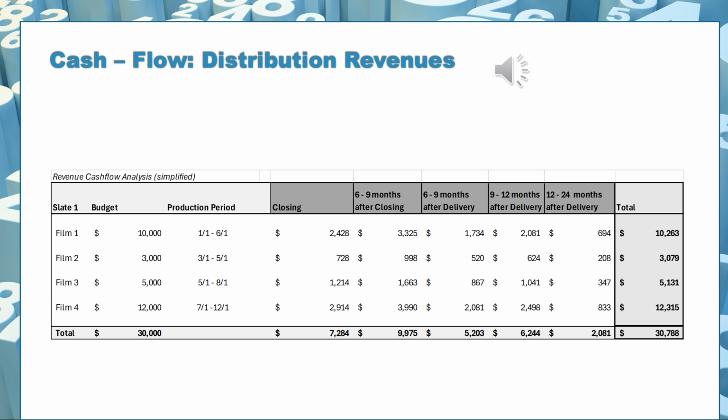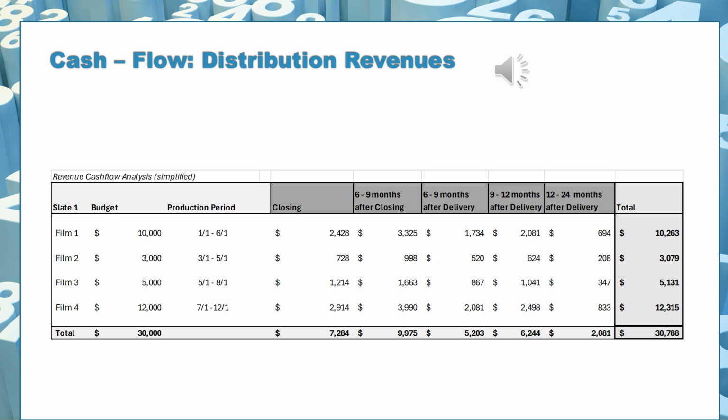The same for film 3. We have our closing, we have our 6 to 9 months after closing, we have our 6 to 9 months after delivery, we have our 6 to 12 months after delivery, 9 to 12 months after delivery, and we have our 12 to 24 months after delivery payments for US and international revenues for film 3 and film 4.